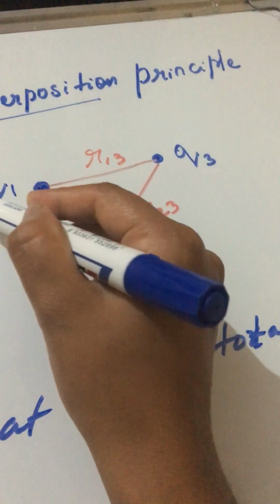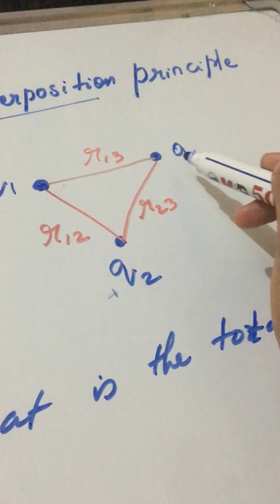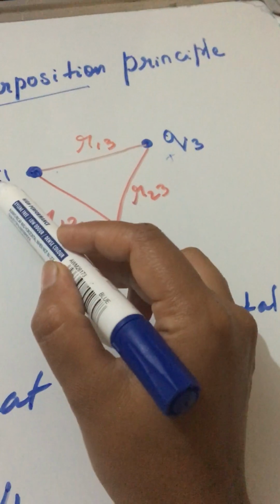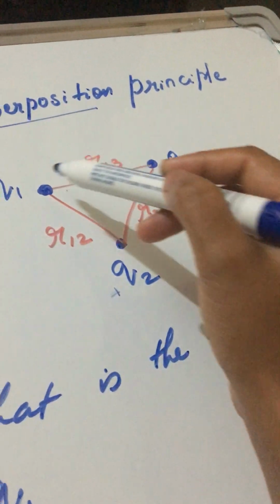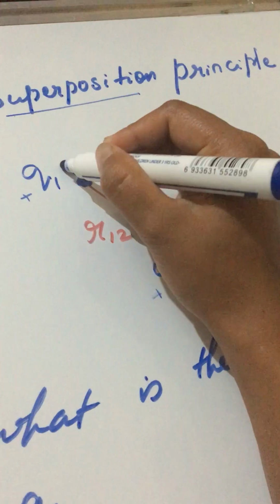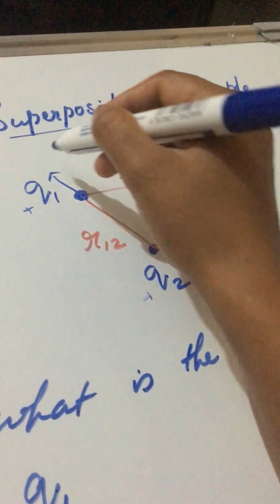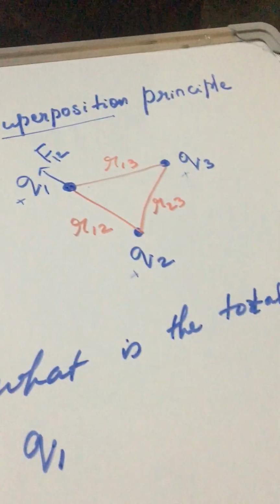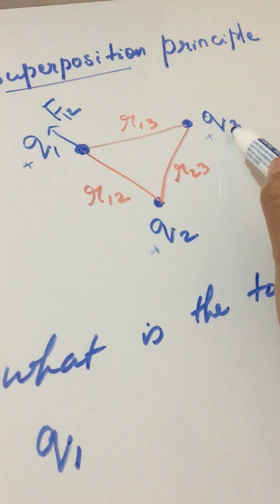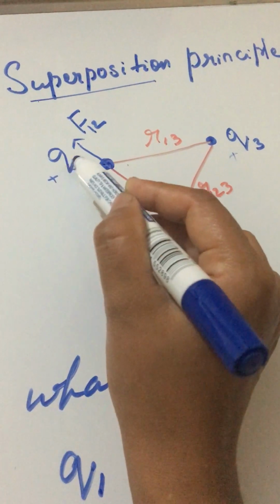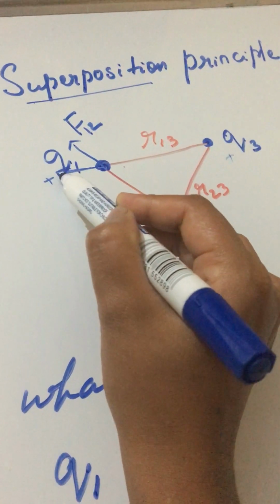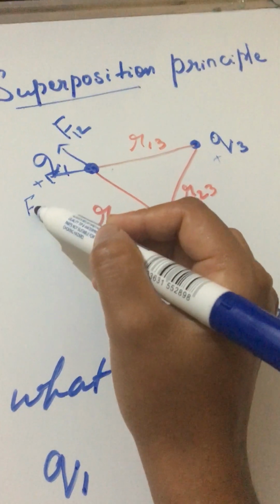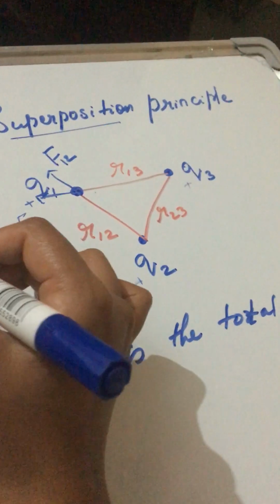If all of them are positively charged, then on q1 due to q2, what would be the direction of the force? Along here, right? Force on 1 due to 2. Similarly, due to 3, the direction of the force will be along this line, right?